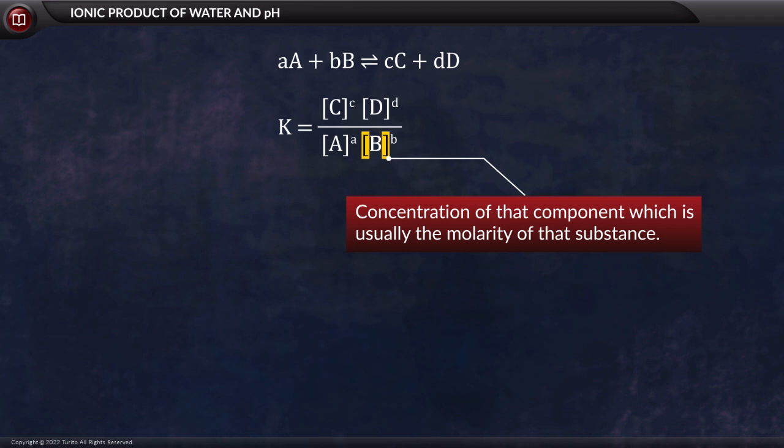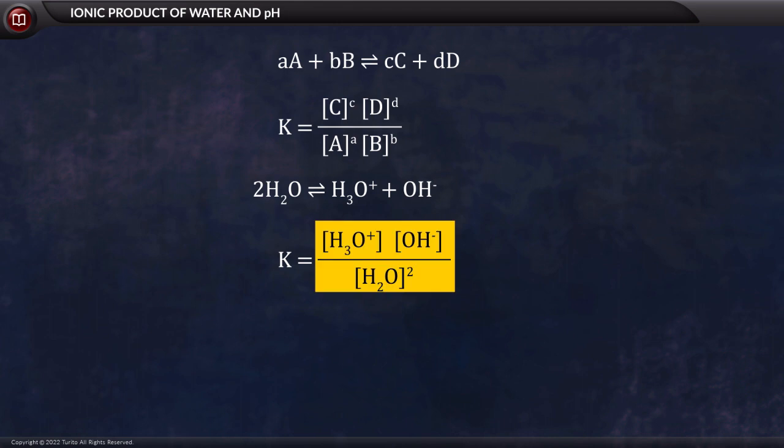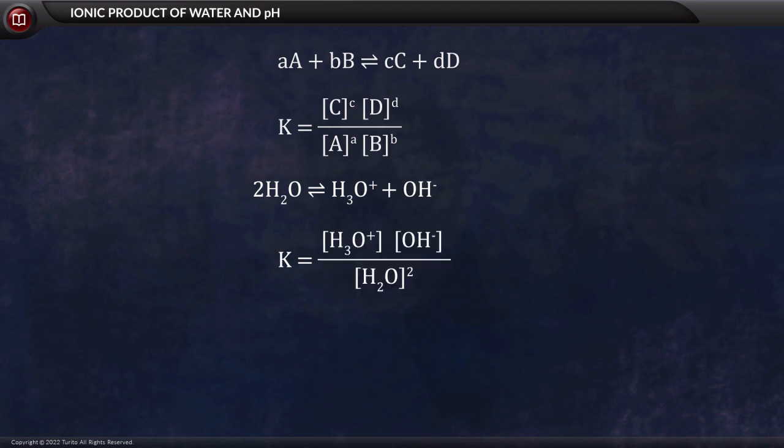Let us see how to derive the equilibrium constant of ionization of water. Similarly, for ionization of water, it can be written as the concentration of hydronium ion into the concentration of hydroxide ion divided by the concentration of water raised to power 2.